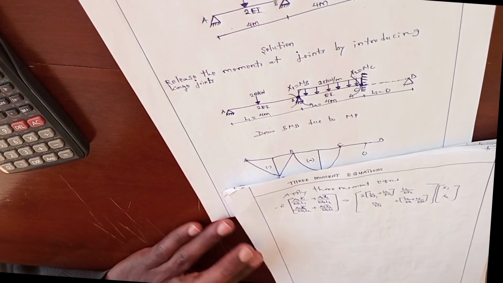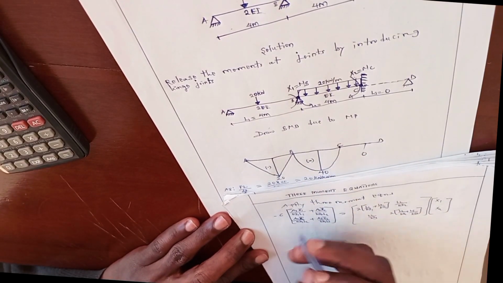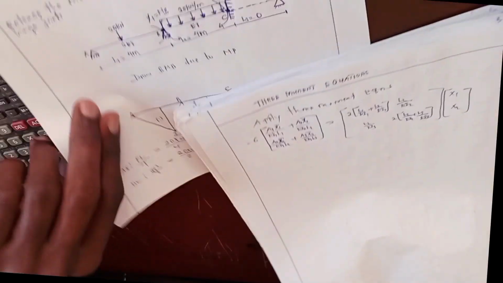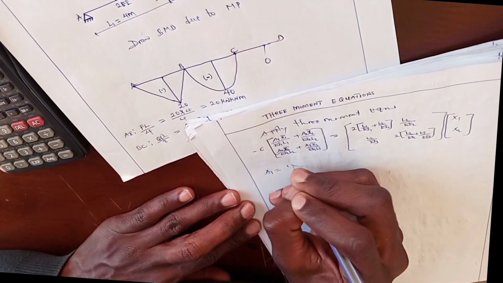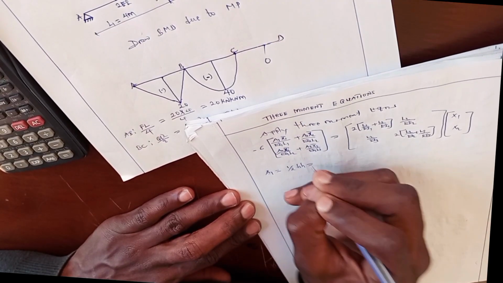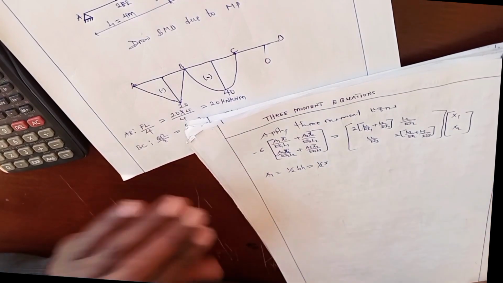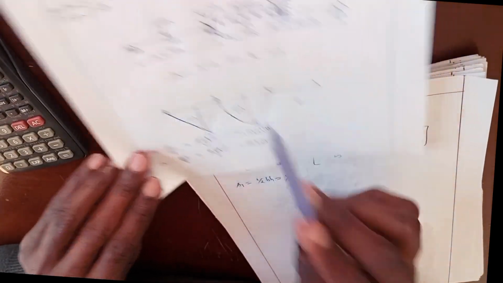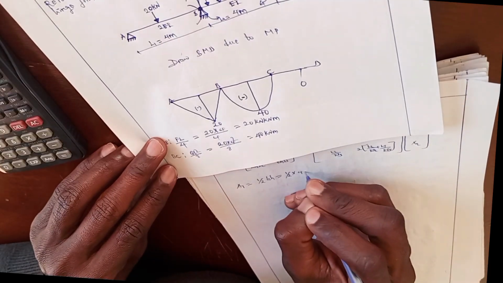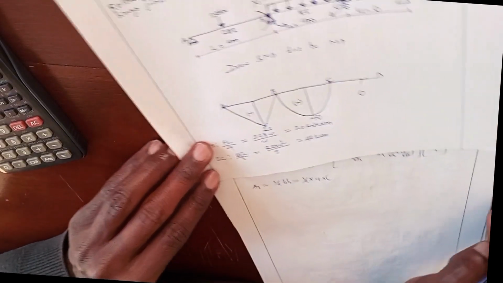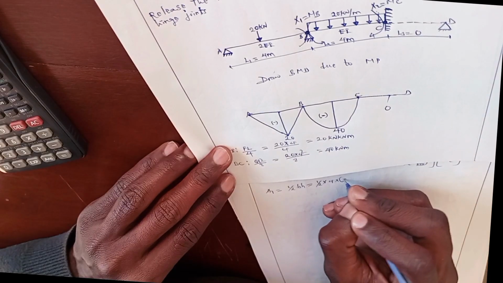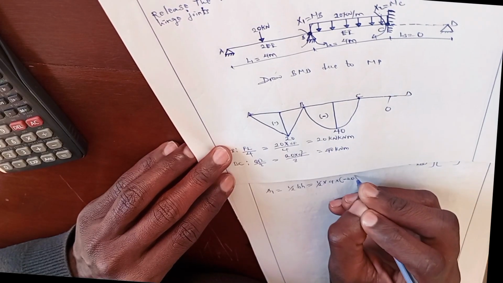For member AB, since it is a triangle, area 1 will be equal to a half times base times h. For member AB, the base is equal to 4, times h. h is this one, which is equal to negative 20.